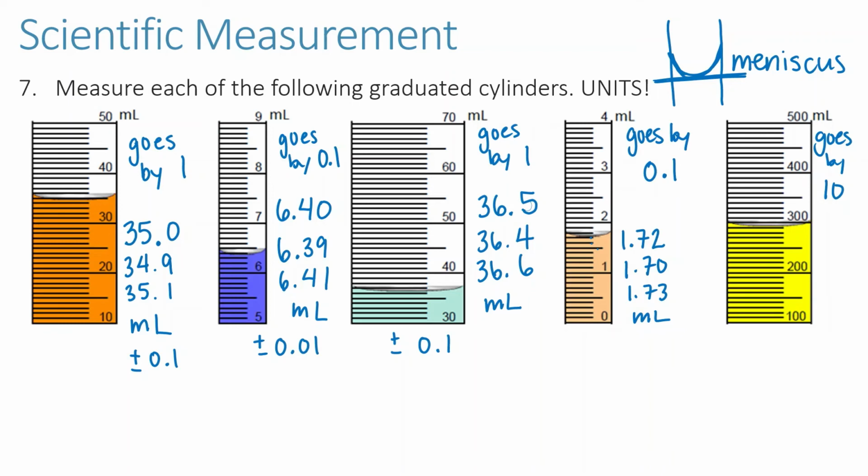To me, this looks like 294 or maybe 295, something like that, milliliters. We know the 2 from the tick marks, we know the 9 from the tick marks, and then that last digit, the ones place, is what I'm guessing. So I'm guessing 4 or 5.